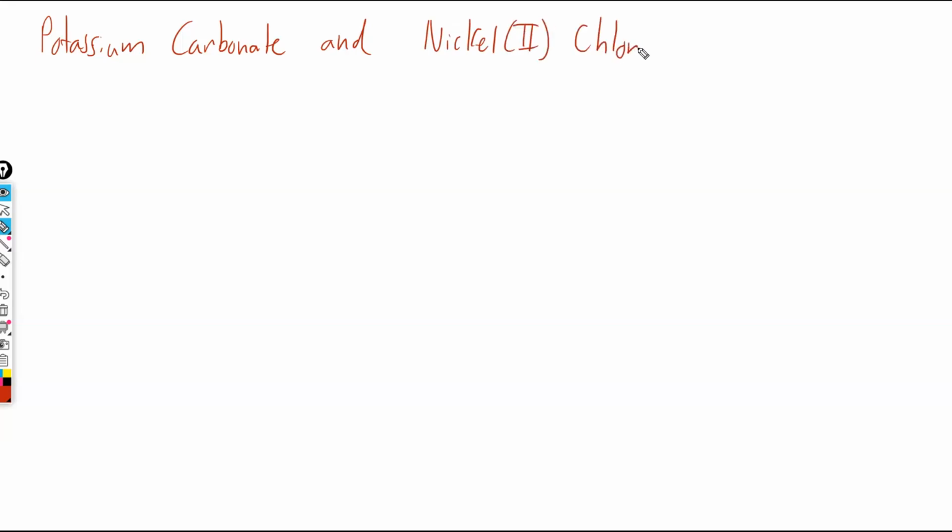So let's say I have a solution of potassium carbonate is mixed with nickel 2 chloride. Right, so I want to figure out what the resulting reaction is if one happens.